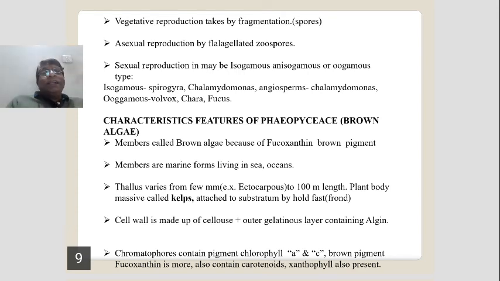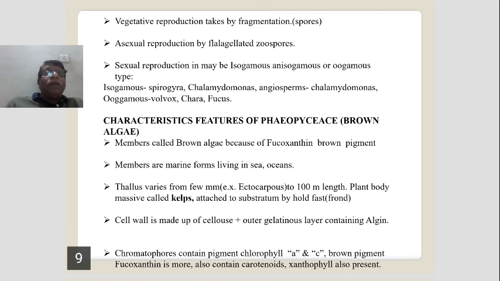Next, sexual reproduction is of three types. Maybe isogamous, anisogamous, or oogamous type. Isogamous means when the male and female gametes are similar, we call it isogamous type of sexual reproduction.